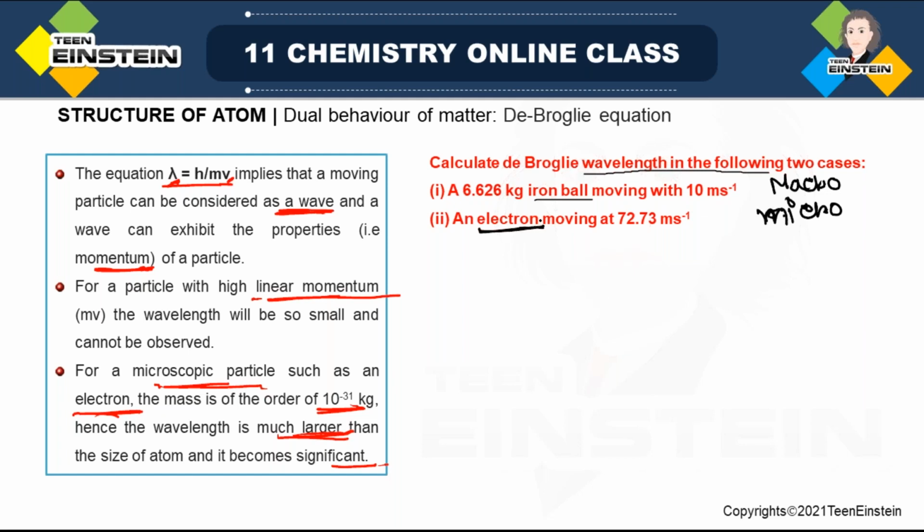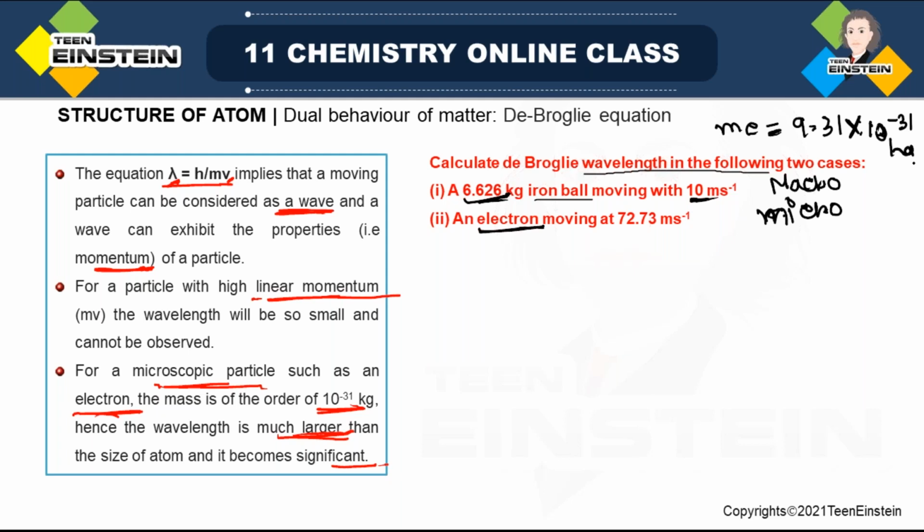Now the first one, iron ball, the mass is 6.626 kg, very high mass because it is an iron ball. Velocity is 10 meter per second. And the second case, the mass we know for electron, I am writing here me, it is 9.31 multiplied by 10 to the power minus 31 kg.